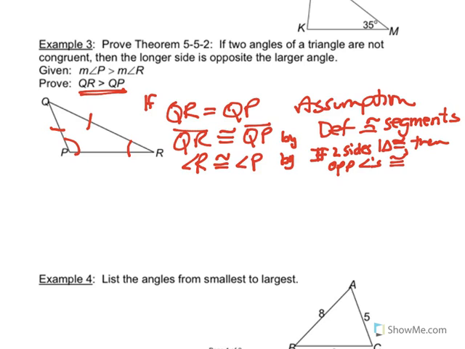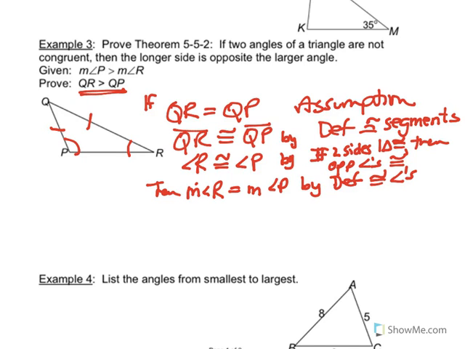Okay, so if that's true, then the measure of angle R would be equal to the measure of angle P by what? Definition of congruent angles.